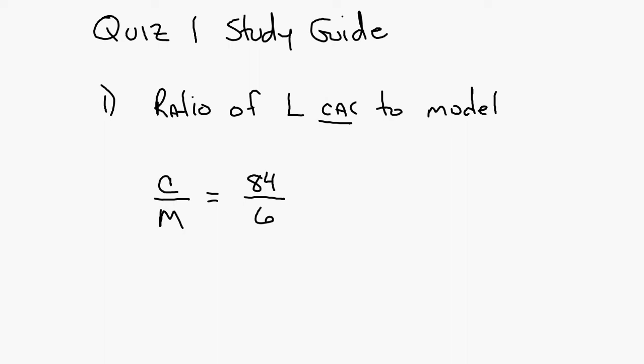They're both divisible by 2. 84 divided by 2 is 42, 6 divided by 2 is 3, and 3 goes into 42 as well. 42 divided by 3 is 14. So this ratio of the length of the car to the model is 14 to 1.